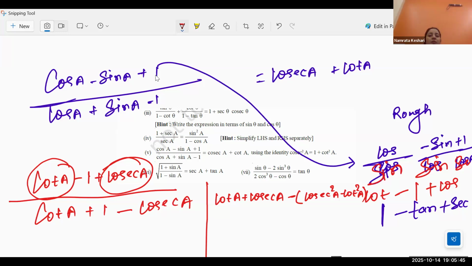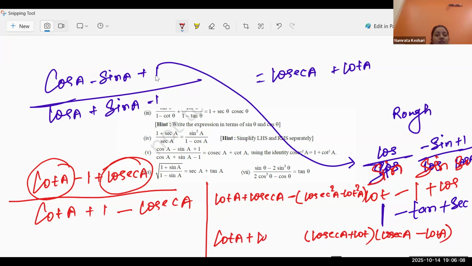So you have to keep in mind that if you can see this type of thing, maybe we can expand it, writing cosec plus cot in one bracket and cosec minus cot in another bracket. Now you have to take out the common factor. I have seen so many times students end up getting confused. When I say please take the common factor, they think, from where must we take it? See, I am telling you to take the common factor by just seeing two terms over here.